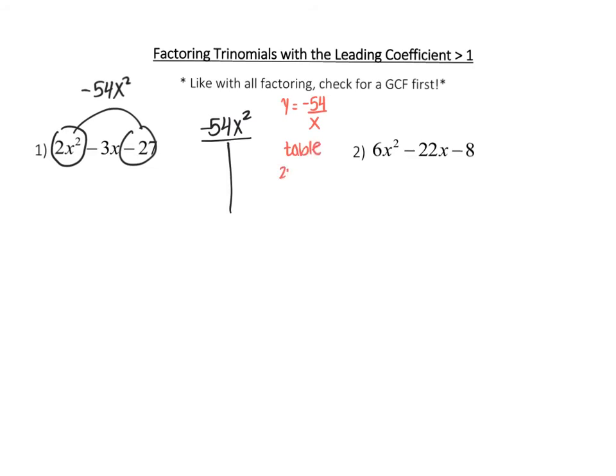So you hit second graph to get the table, and that will give us the list of all the factors. So go ahead, type this into the y equals of your calculator and go to the graph and see what you get. You should be getting 1 and 54, 2 and 27, 3 and 18, 6 and 9.